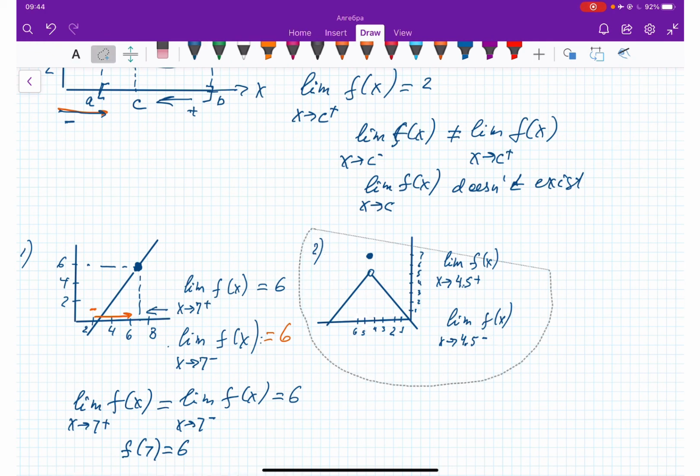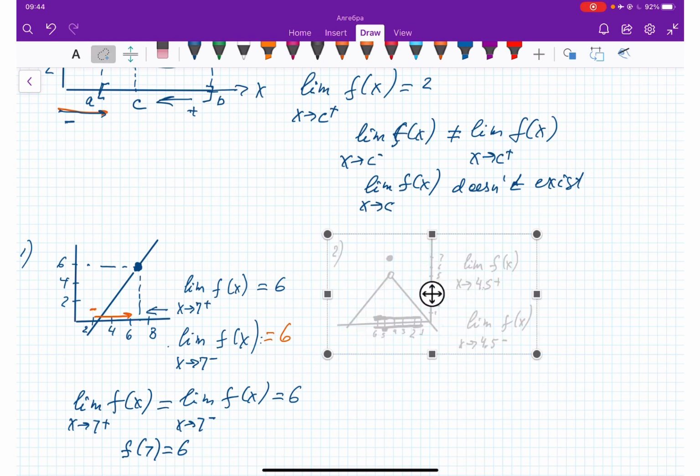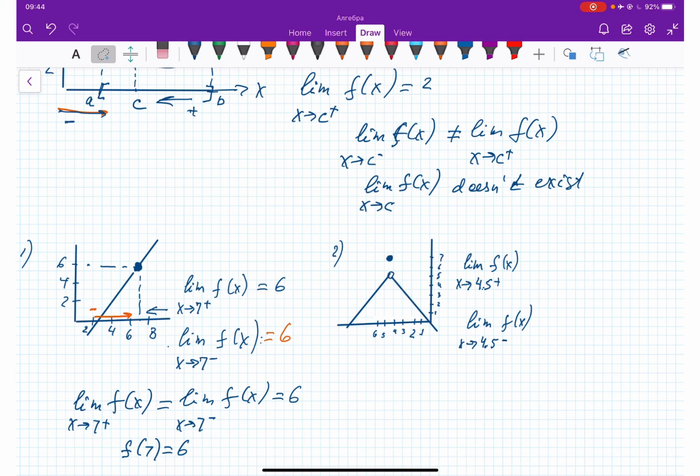All right. Now let's do this question, number 2. I'll move a little bit away. There we go. So this is our point 4.5. Let me fix it. It wasn't precisely 4.5. Well, okay, it's falling exactly on 4. Then I'll take this. Even better.